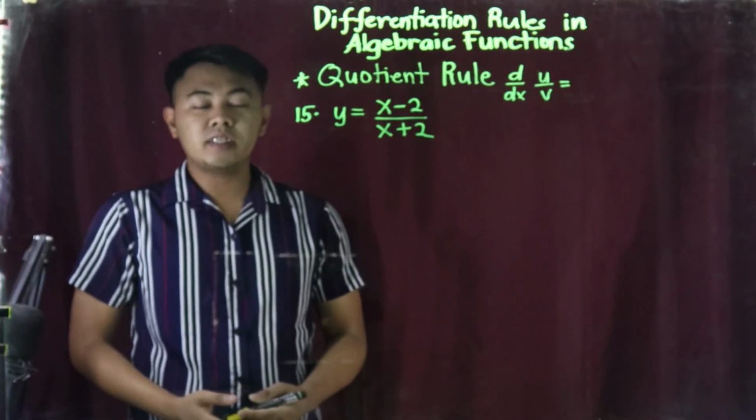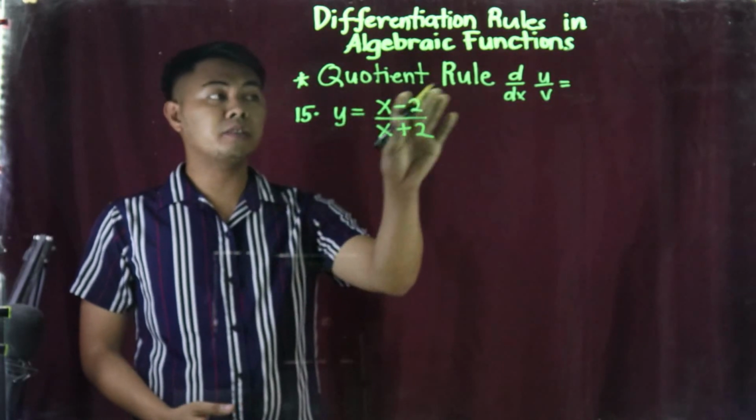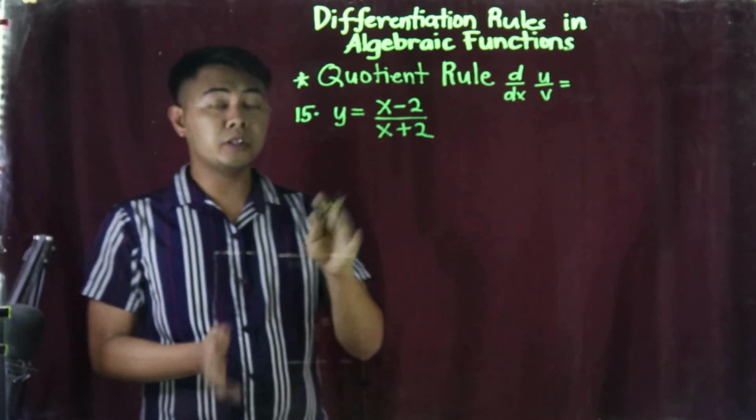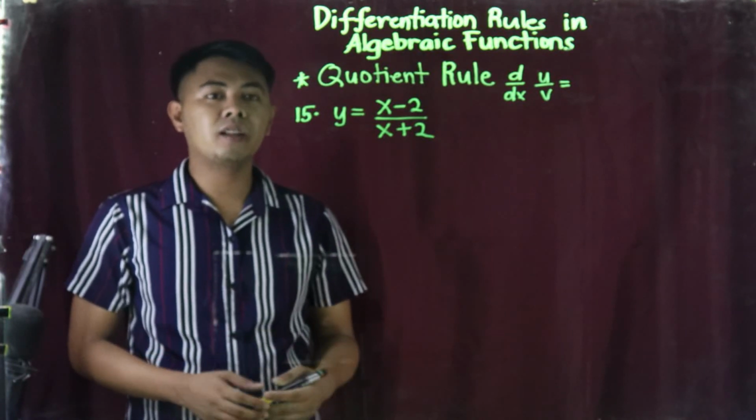Another rule in finding the derivative of algebraic functions is the quotient rule, okay? The quotient rule is used in finding the derivative of rational functions.